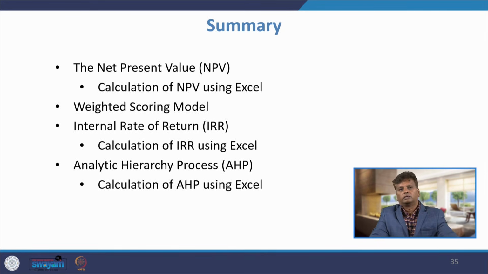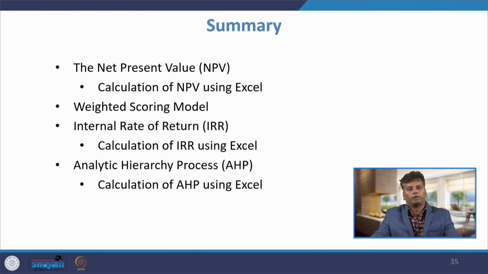Dear students, in this lecture I have discussed different project selection methodologies. First, net present value, then calculation of net present value using Excel, then the weighted scoring model for selecting the project, then internal rate of return, and calculation of internal rate of return using Excel.